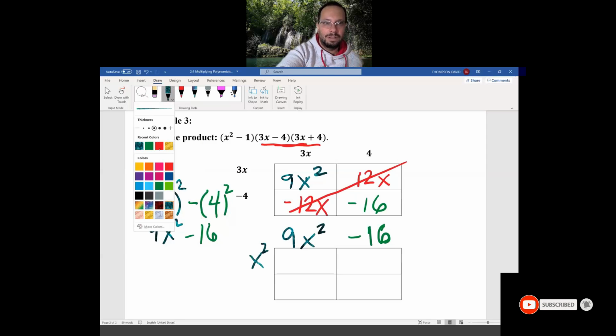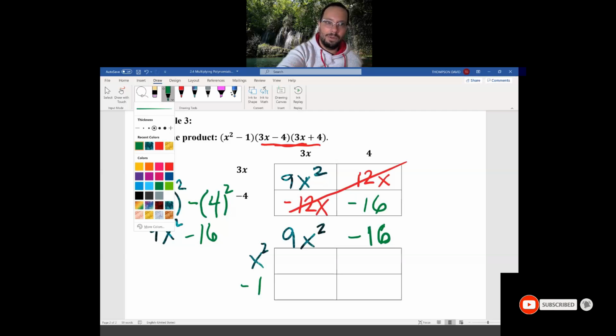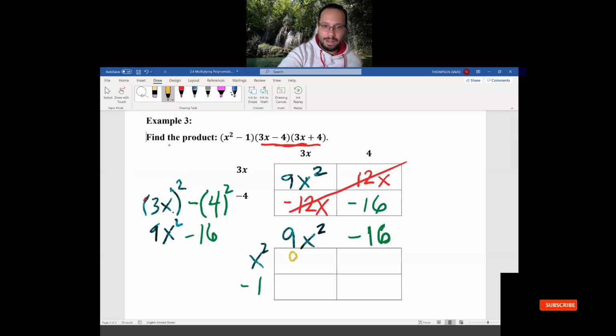So now we're multiplying 9x squared minus 16, the product of the previous two binomials, by x squared minus 1. So we'll multiply 9x squared times x squared, and we're going to end up with 9x to the fourth. We have x squared times negative 16. That's going to give me negative 16x squared.